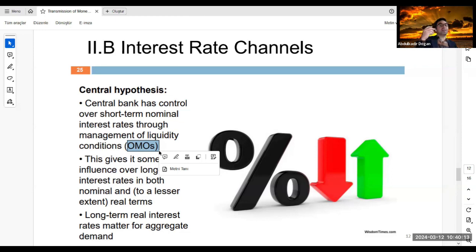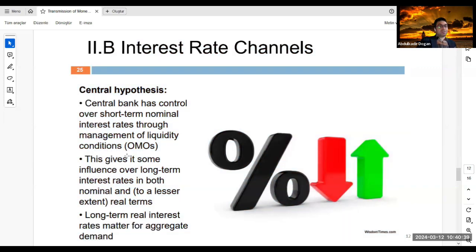The Fed is making reverse repo transactions. Why? Because there is a huge amount of money in the market after the COVID crisis, and they try to collect their money back to the Federal Reserve account. So they are selling the government bonds in their hand, and they are taking their money back, and the money supply is decreasing. Because the money supply is decreasing, inflation is going down.